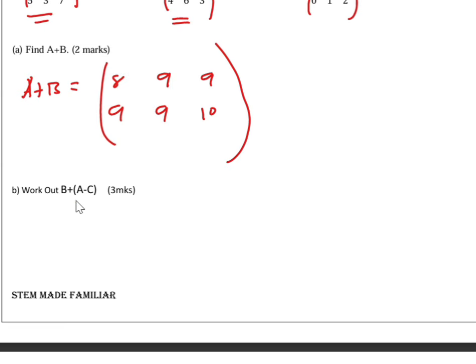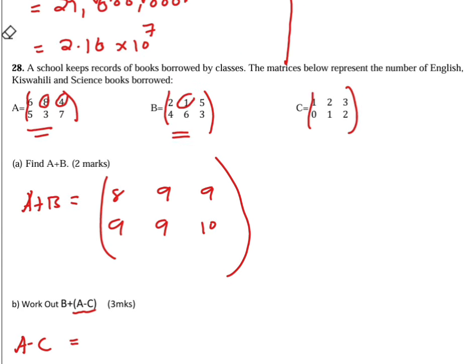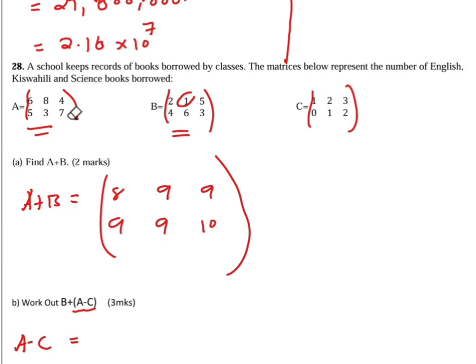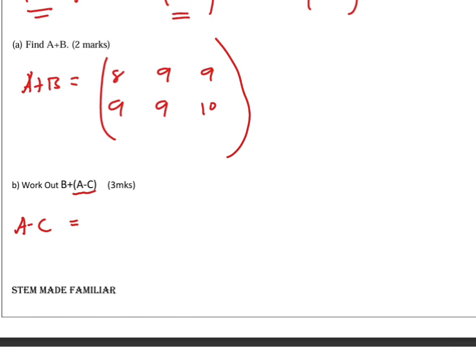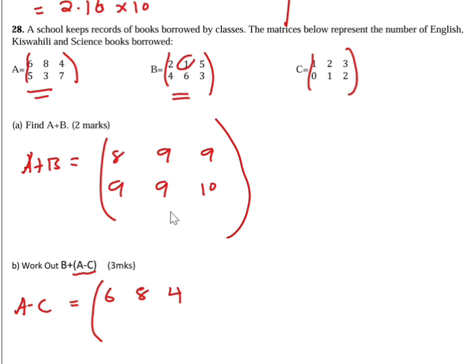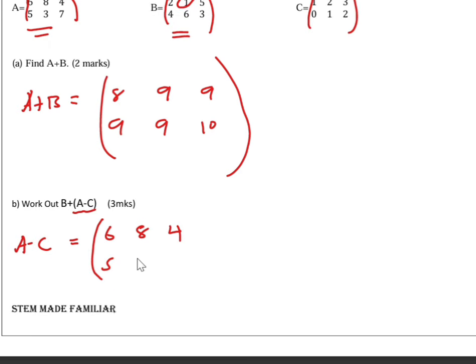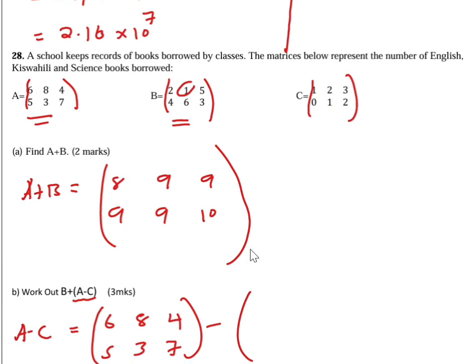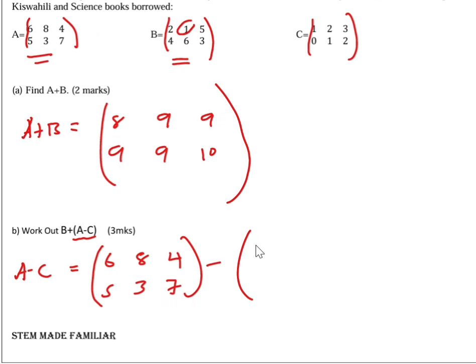Kwanza tunaanza na gani? Tunaanza na A minus C. So A minus C itakuwa ni matrix A minus matrix C. So what is matrix A? Ndio hapa 684. Matrix A ni 6, 8, 4. Alafu tuko na 537 minus matrix C. C ni nini? 1, 2, 3. 1, 2, 3, 0, 1, 2.